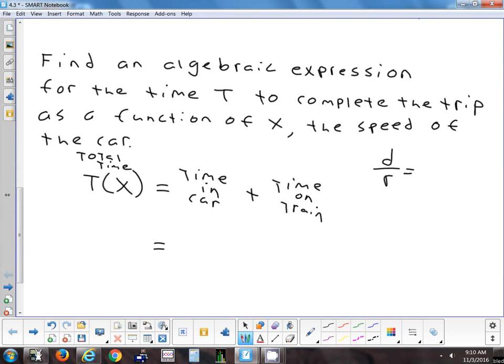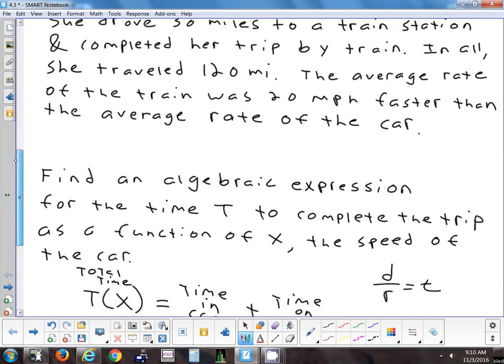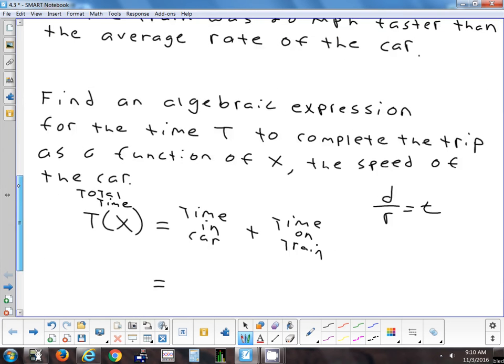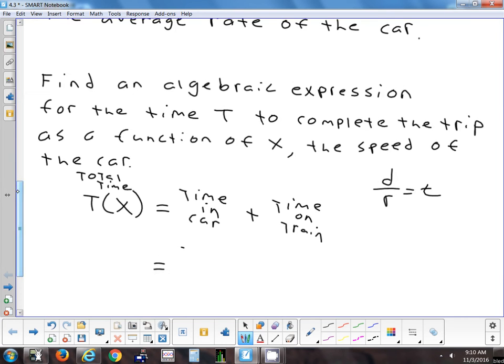Now, can you tell me again, Hannah, what was her distance in the car? 120. Just the car, yeah. So she had 30 miles in the car. And how about, John, what's her speed in the car? We don't know that. We don't know a number, but they did tell us how to represent it.